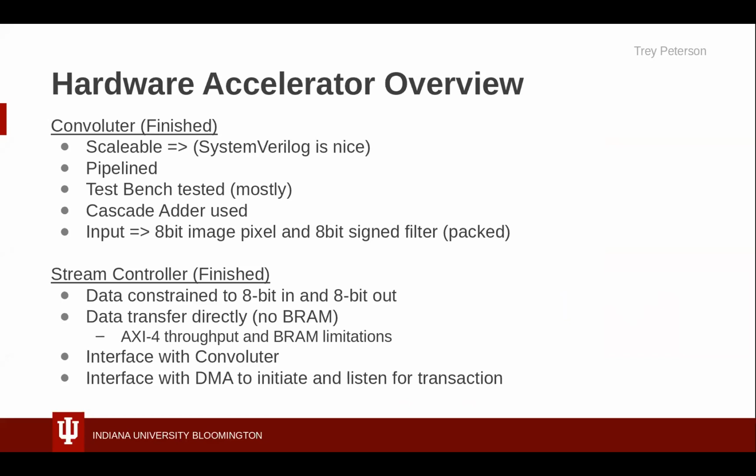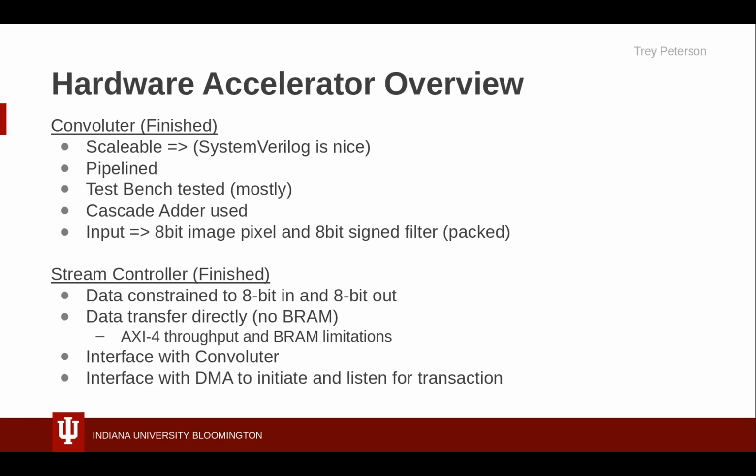And DMA, which is direct memory access, can interface with the memory on the processing subsystem to pull image data all the way over to the hardware without having the CPU do stuff and bog down the CPU in memory transfers.